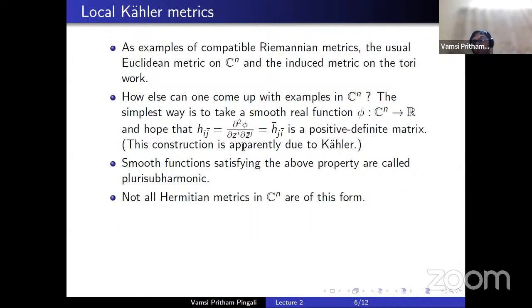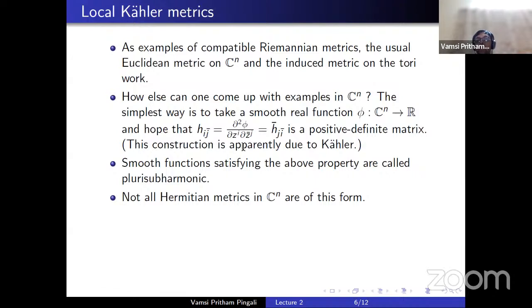And indeed, why can you not do it? Suppose there is such a φ, such that h_{i j̄} is ∂²φ/∂z_i∂z̄_j. If you take one more derivative, suppose you take ∂h_{i j̄}/∂z_k, then the right hand side will be ∂³φ/∂z_k∂z_i∂z̄_j.